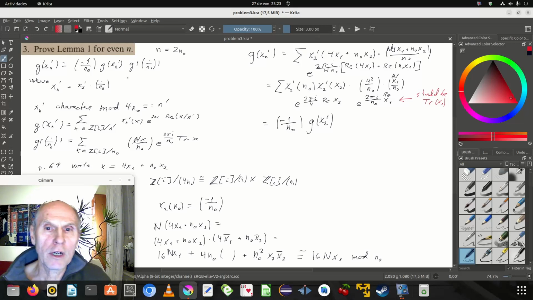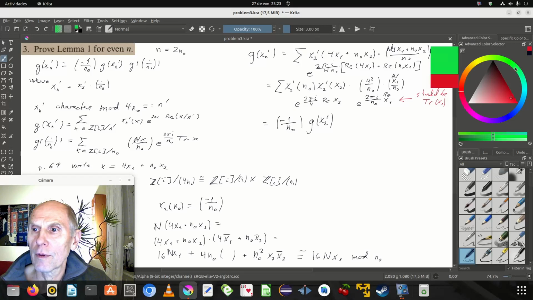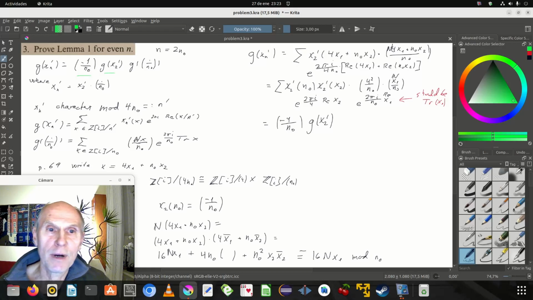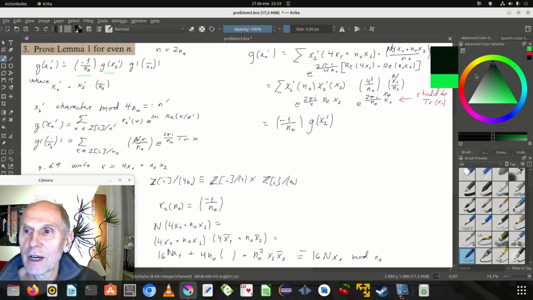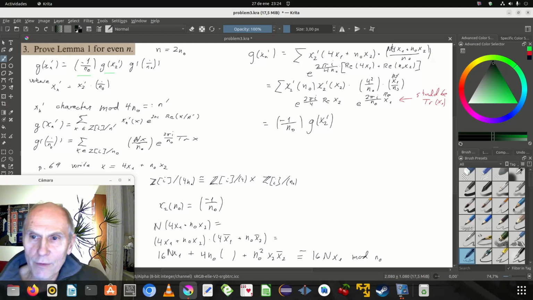Now let's see what we've got. We use green for that. This part agrees and this part agrees. So it's the last part that fails me. We have the norm of x divided by n naught times e to the 2 pi i divided by, what happened with the 4 down here?